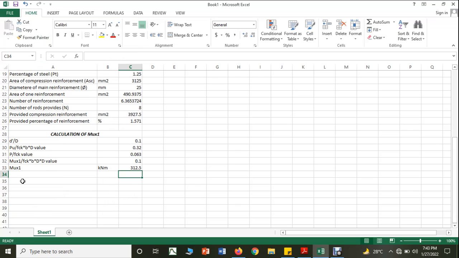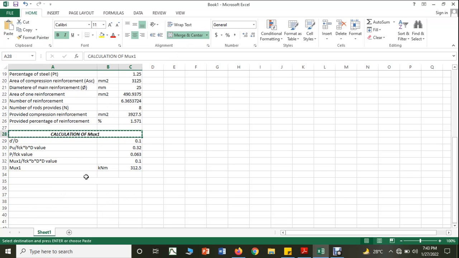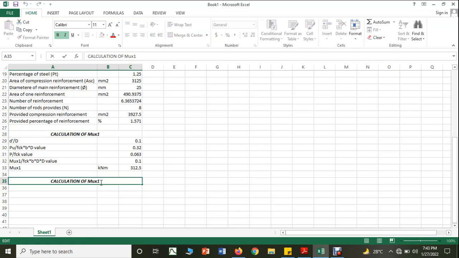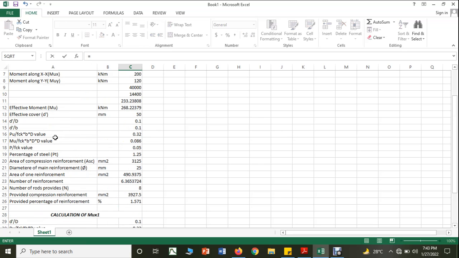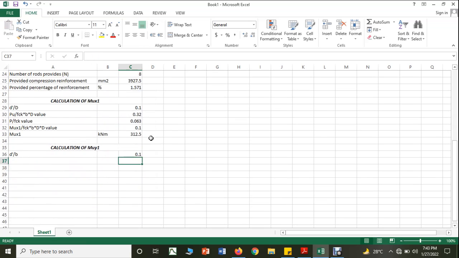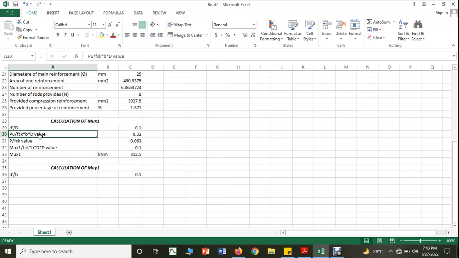Similarly I am supposed to find out the Muy1. Now let us find out Muy1. In order to find Muy1, instead of d dash by D, let us take d dash by B. Here it is not going to affect because it is a square column, so I can write d dash by B only. Then again I need Pu by fck value, no change.